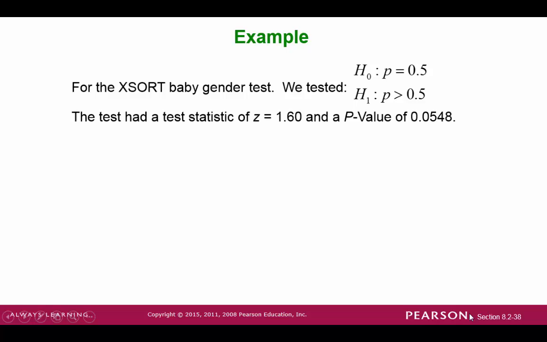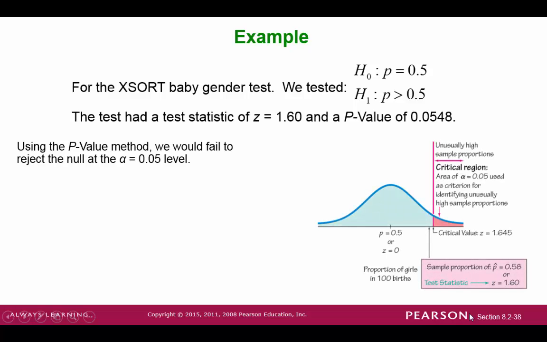Back in our example, we found that our test statistic was z equal to 1.6 and the p-value is 0.0548. If we were using the p-value method, we would compare this with alpha at 0.05. We'll see that the p-value is slightly greater than alpha.